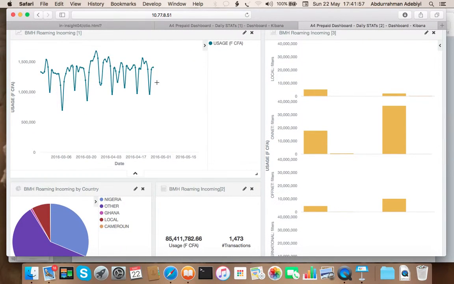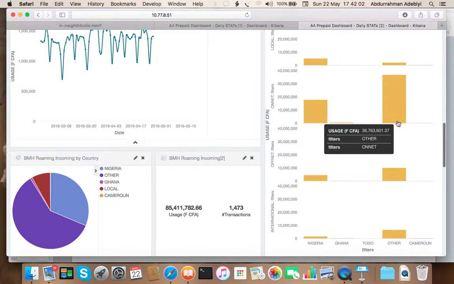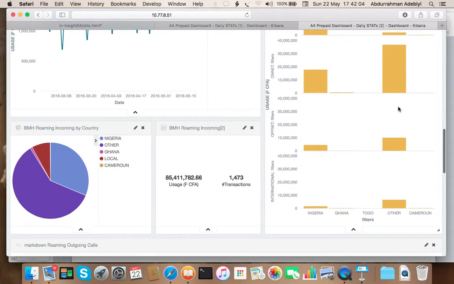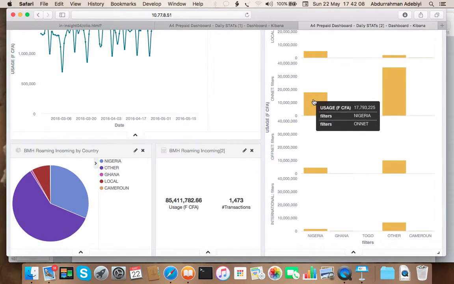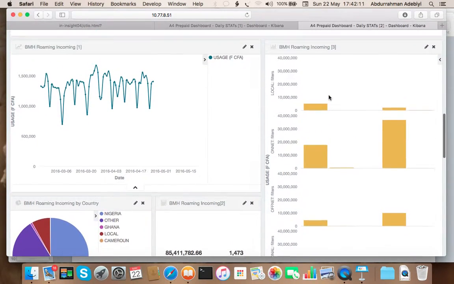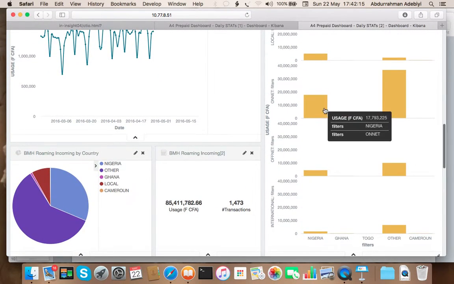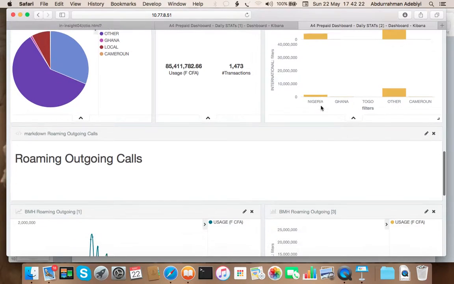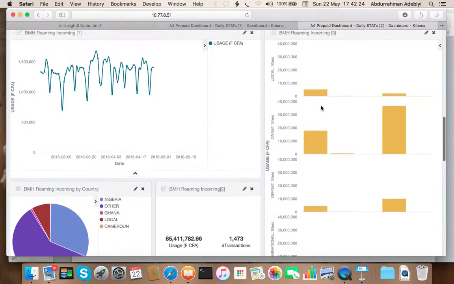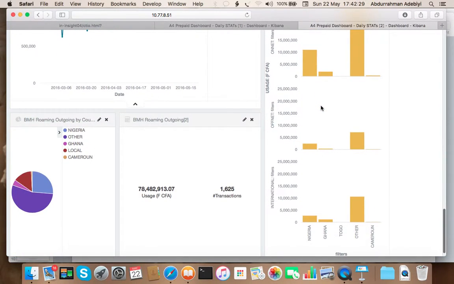Comparing by countries, Nigeria is the main destination for MTN Benin roamers, for both ingoing and outgoing. Pretty interesting.